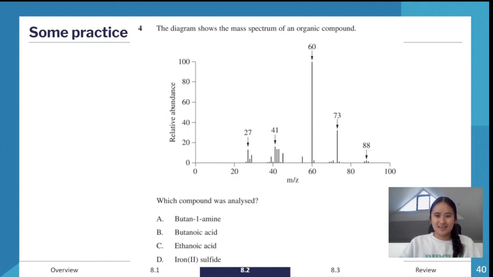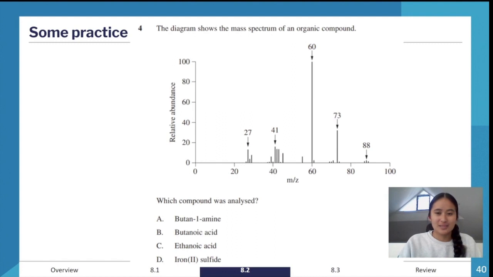But basically, how I did this was 88 is either B or D, and D is iron sulfide. It cannot be mass spec'd because it doesn't fragment like that, so it has to be B. That's literally the way I did it.